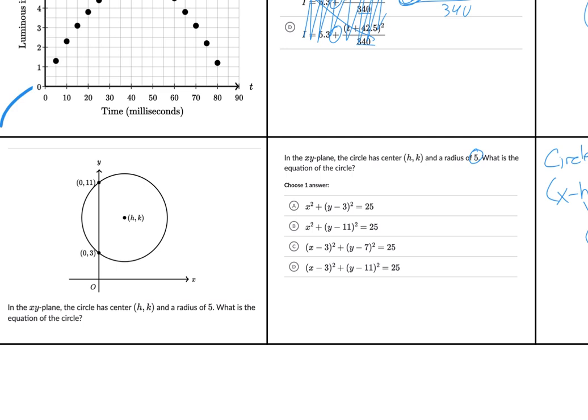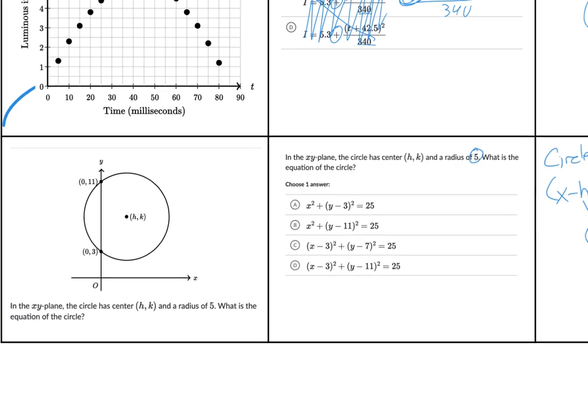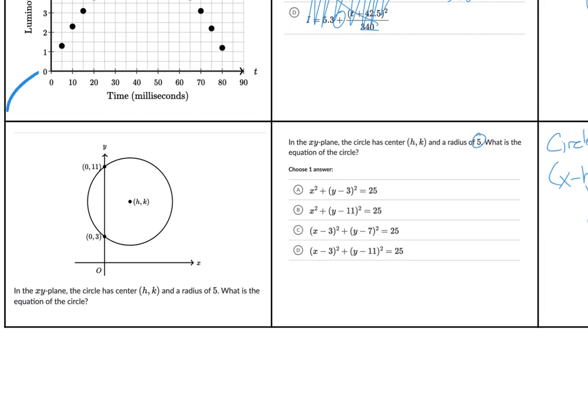Now, I'm going to talk about how we can find this answer, but first let's just pretend we're taking the test. H, k is over here, so we had to shift to the right a little bit. So I'm going to eliminate these two answers. Okay, when you're on a timed test, you can't always solve things directly.